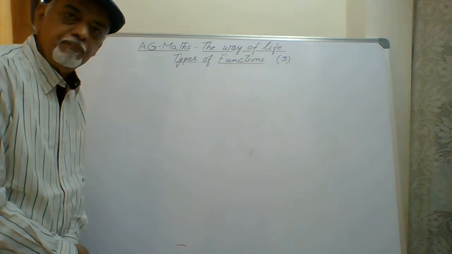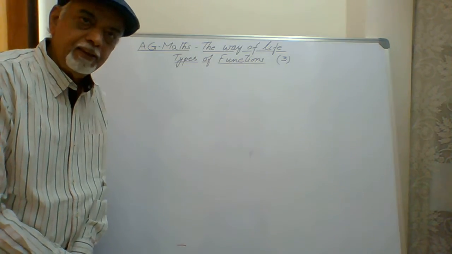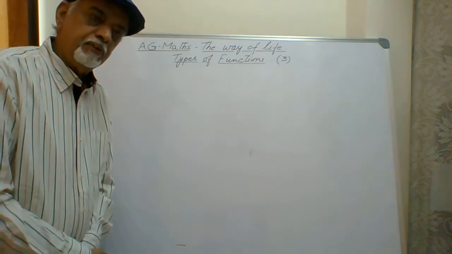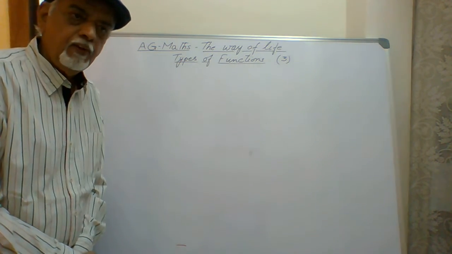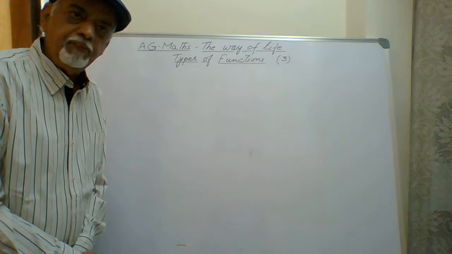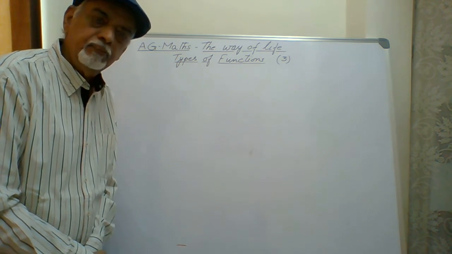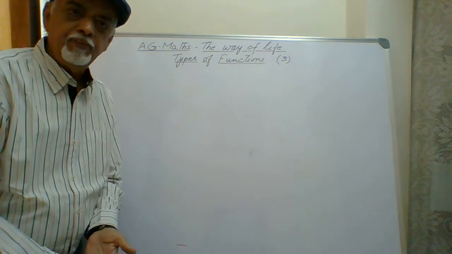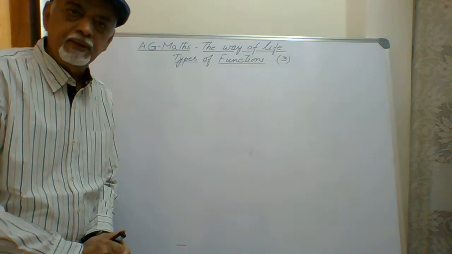All relations are not functions, and if we draw the graphs with a vertical line test, we can find out whether a graph is of a function or not a function. If the vertical line intersects the graph curve in one point, it is called a function, and if it makes two or three or more intersections, it is not a function.